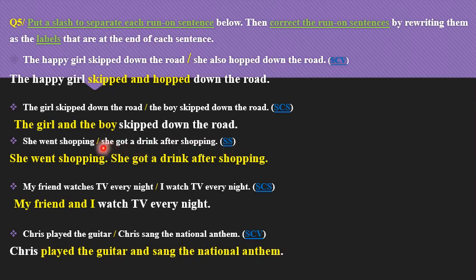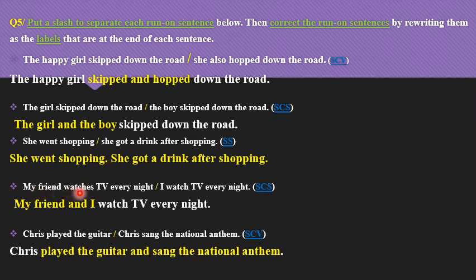After I put a slash to separate the two, I'm going to say, She went shopping, end mark. She got a drink after shopping, end mark. I have to start my simple sentence with a capital letter and end it with an end mark. That's how I'm going to create two simple sentences.